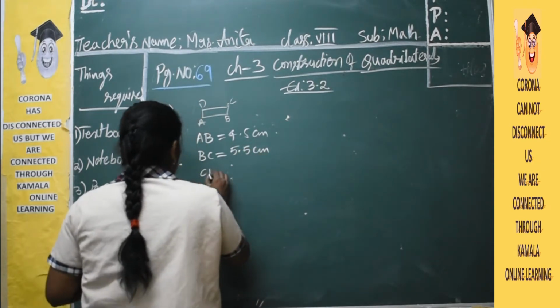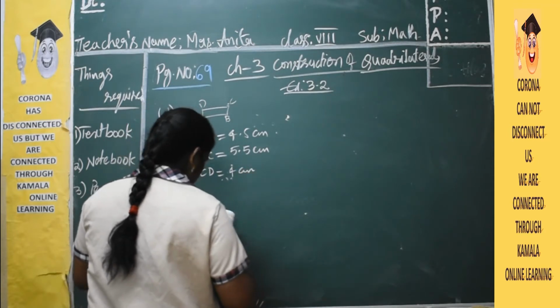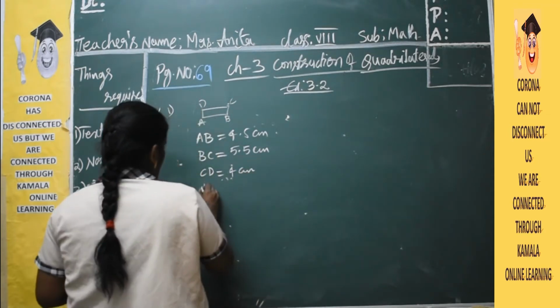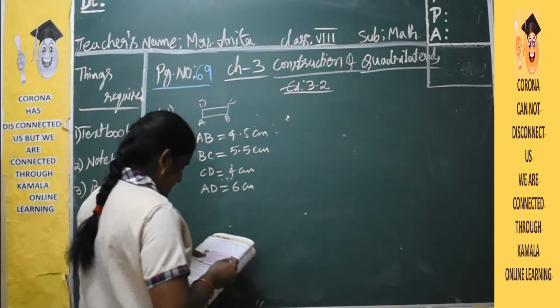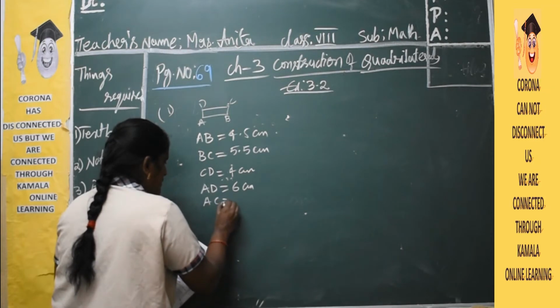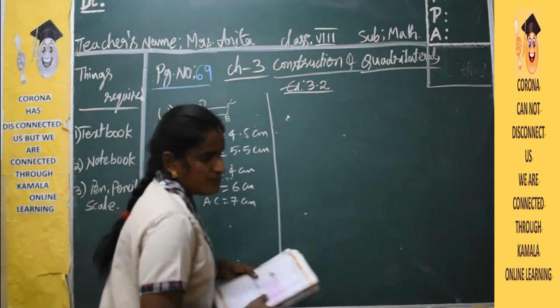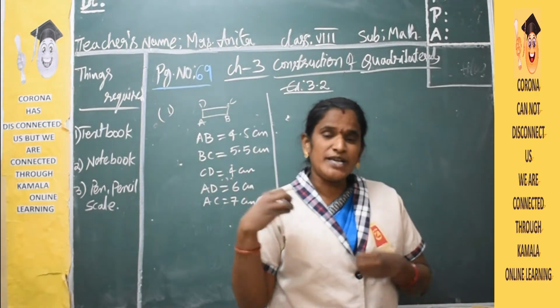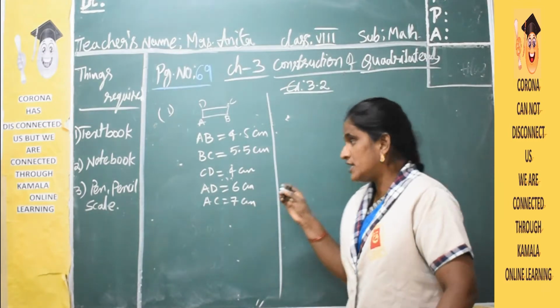Next, CD is 4 centimeters. Next, AD length is given to children, 6 centimeters. Okay. Next, AC is equal to 7 centimeters. So in this problem, whatever measurements are given, first you have to draw the rough sketch. Okay, children.